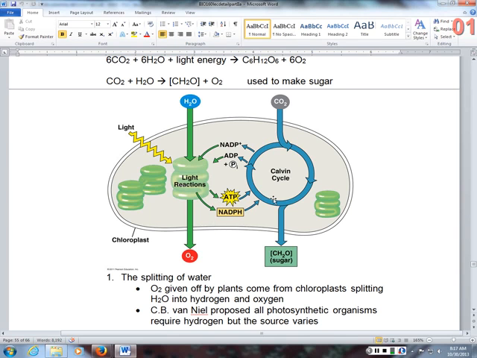Those are used to fuel the carbon cycle, or the Calvin cycle, which is sometimes referred to as carbon fixation, when you add in the carbons and add them on. Then you have the NADP and the ADP, which is ATP without the phosphate, and the electrons are moved over into the Calvin cycle so that you can go back and regenerate things.